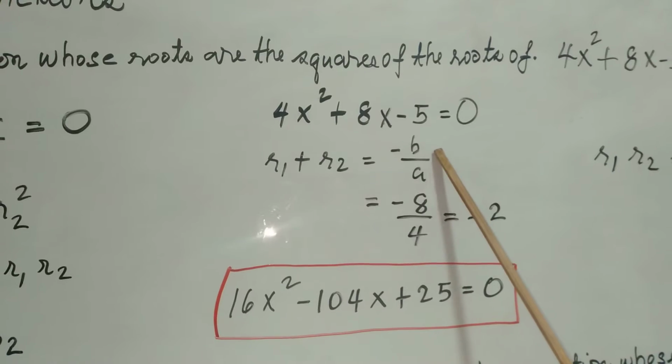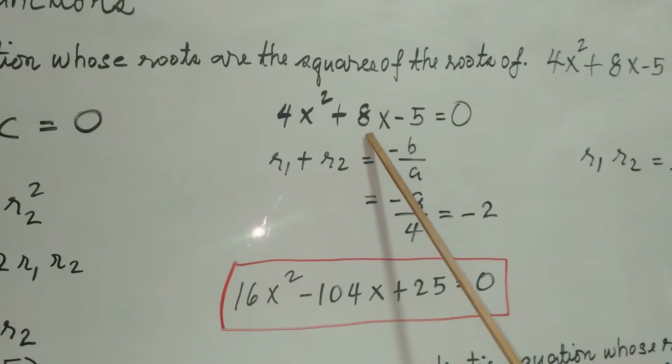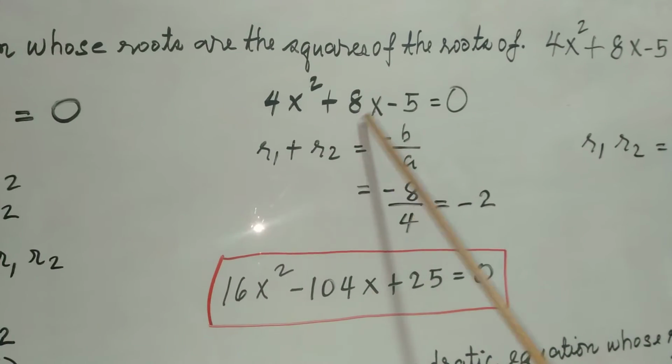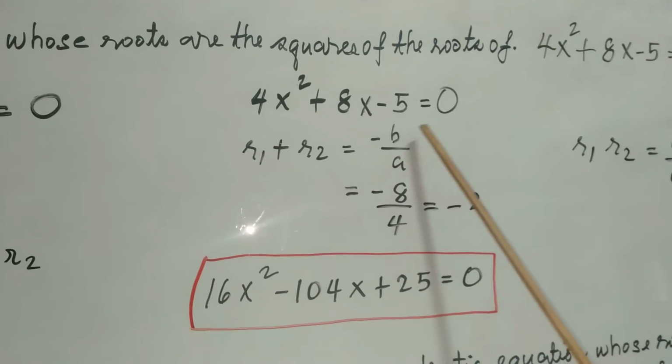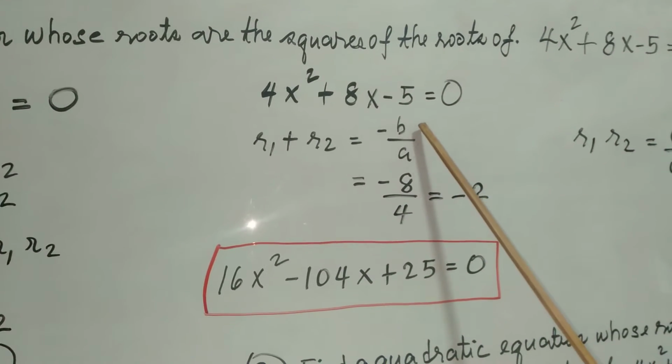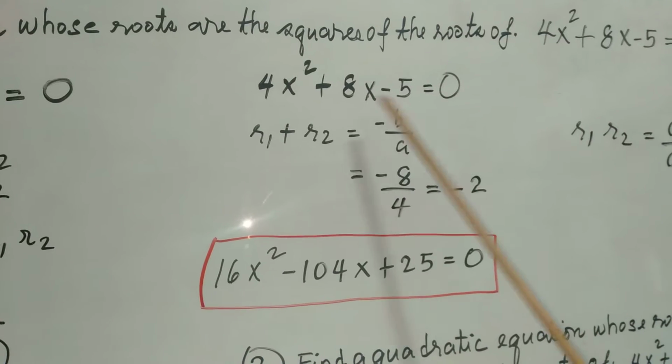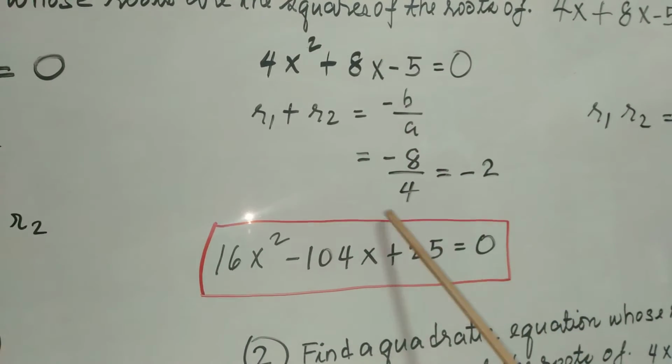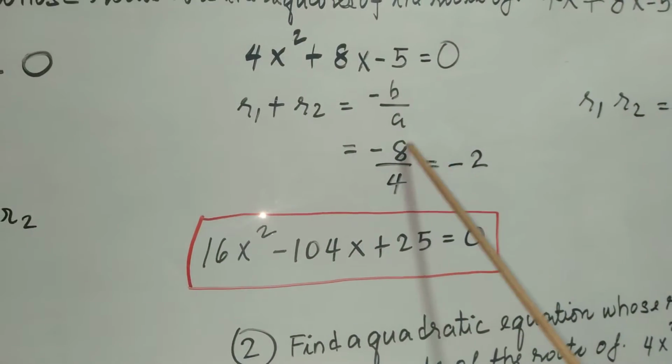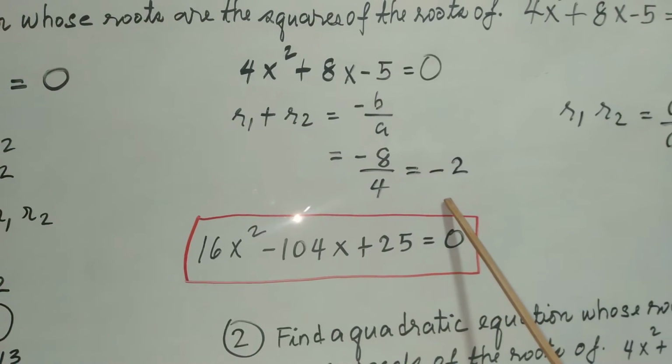So negative b is negative 8. This will become negative since our relation is negative b over a. So negative 8 and a is 4. So simplifying this fraction here, we get negative 2.